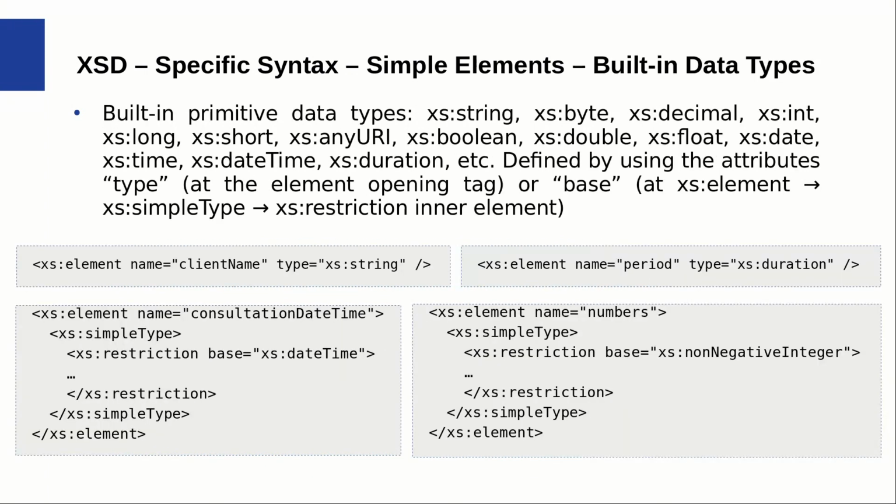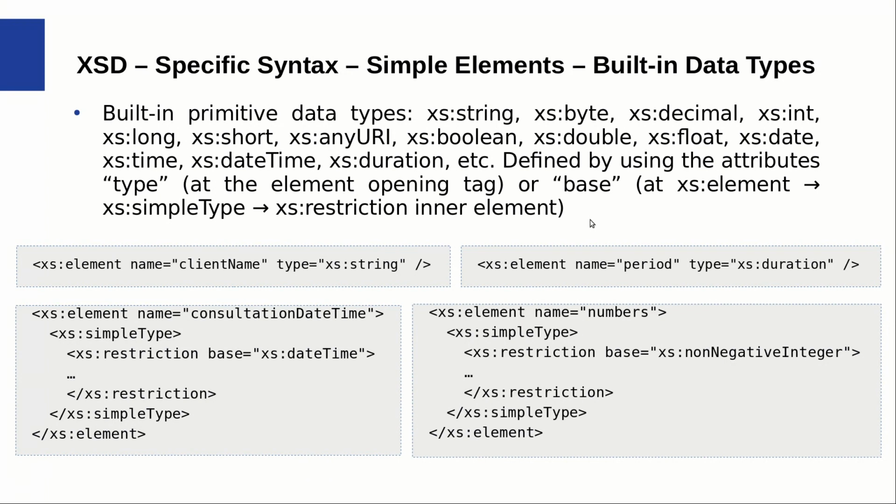Before we see the facets or constraints, let's first see the built-in primitive types available from the default W3C namespace associated to the default xs prefix.